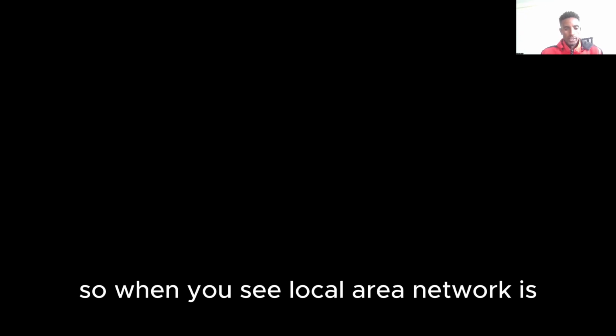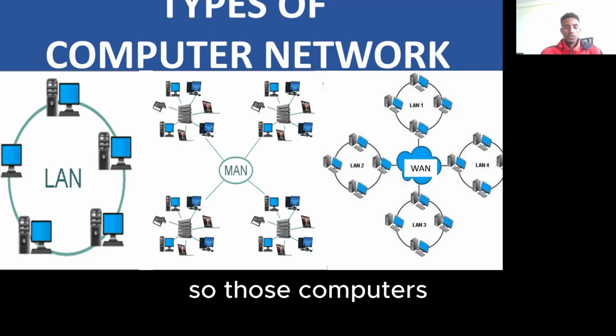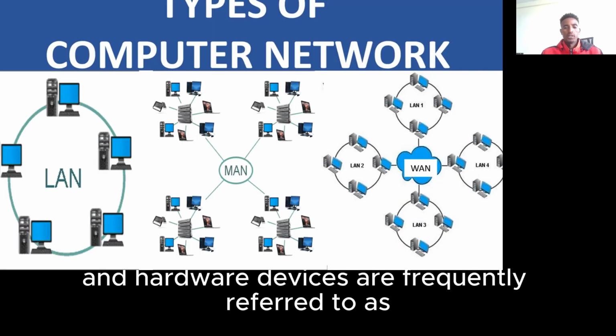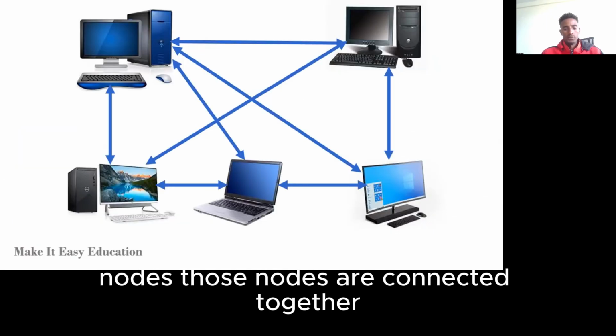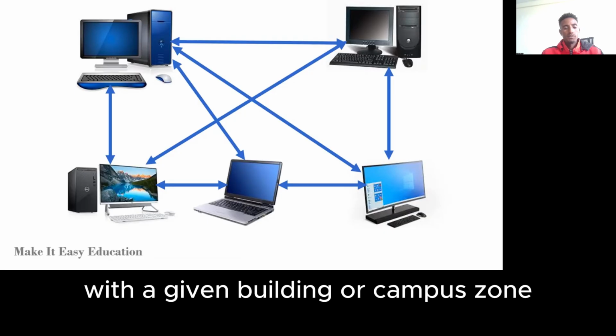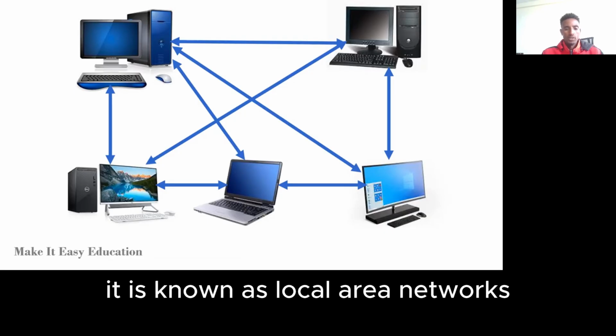A local area network connects computers and hardware devices together over a small geographical area. Those computers and hardware devices are frequently referred to as nodes. Those nodes are connected together within a given building or campus. Then it is known as a local area network.